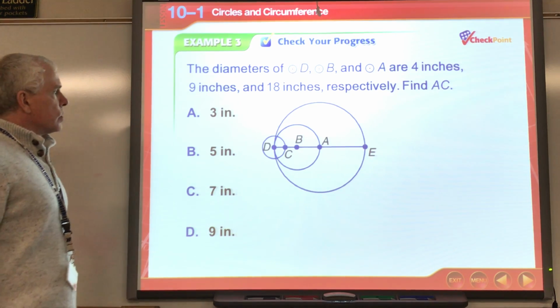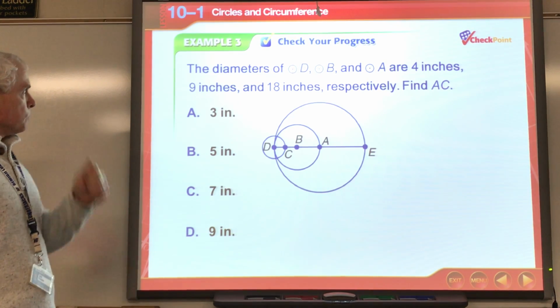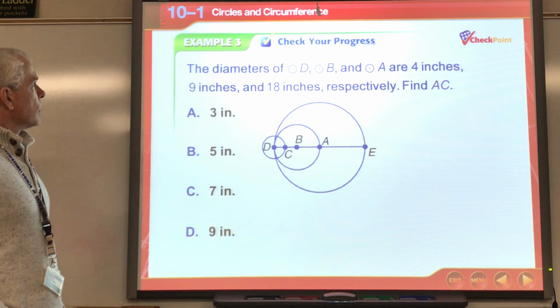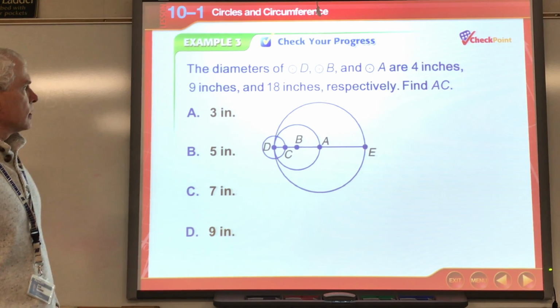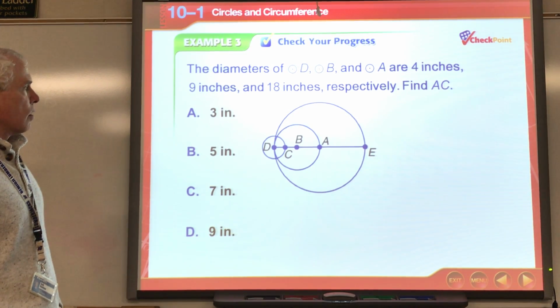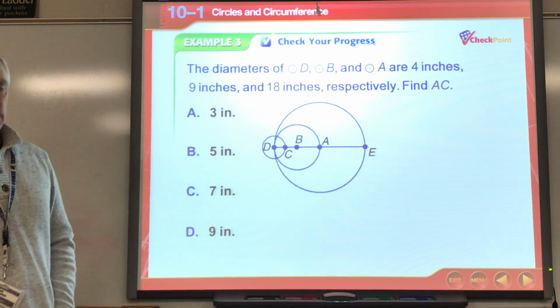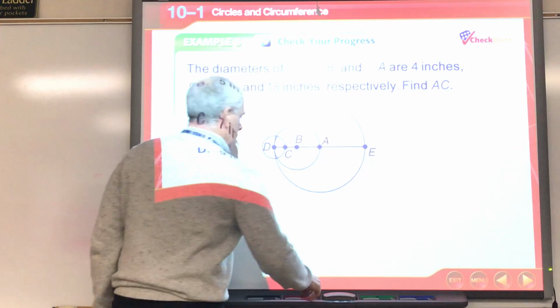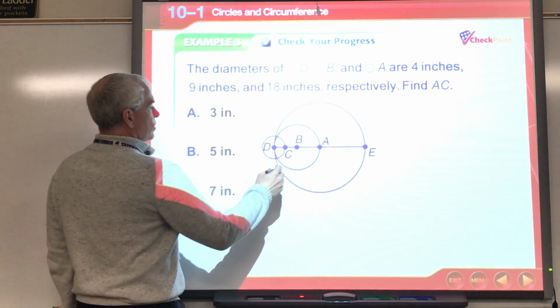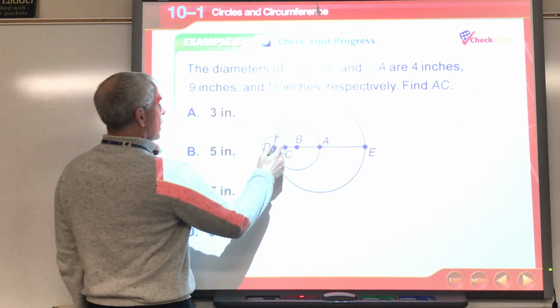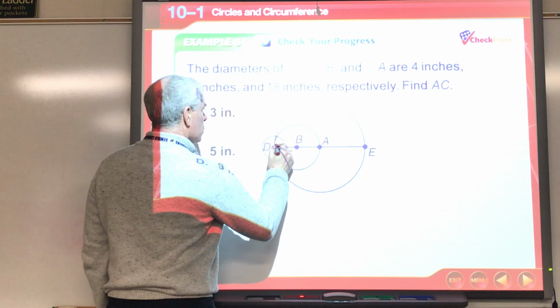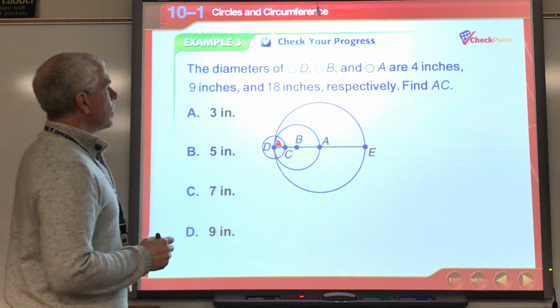All right, so give this a shot, you guys. The diameter of circle D, circle B, and circle A are 4 inches, 9 inches, and 18 inches respectively. Circle D is 4 inches for a diameter, which makes this 2, okay?